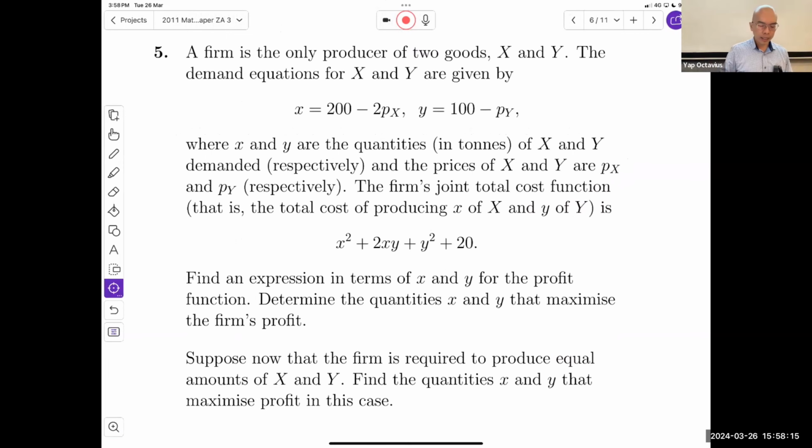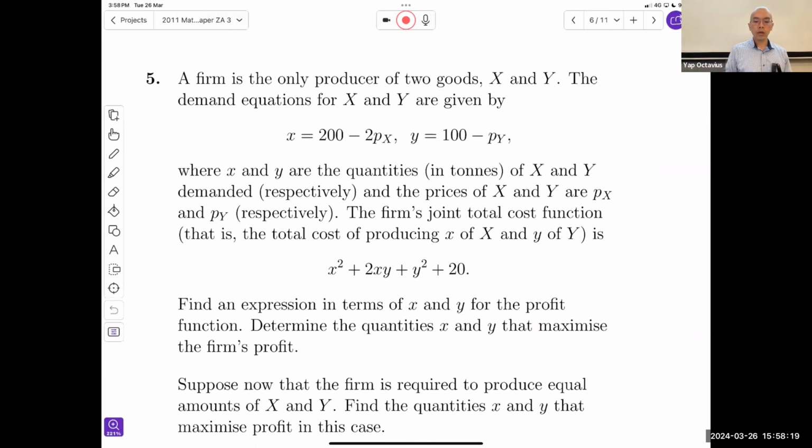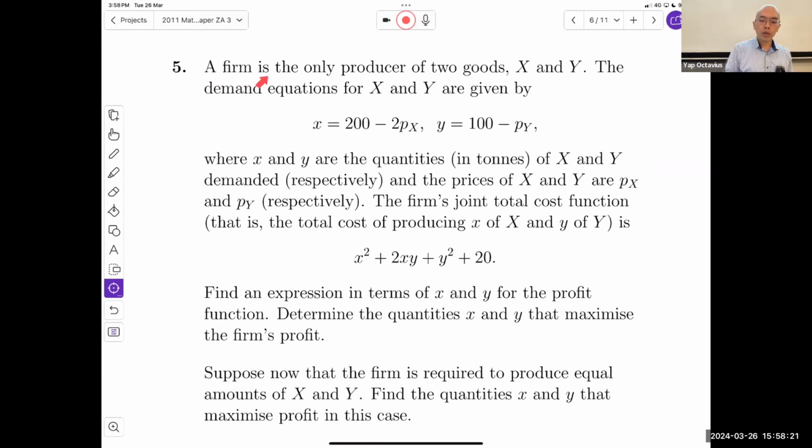So this is the other time that you see this type of question. If you read through the question, you'll know that this is a question where you have to determine maximum profit. The idea of profit doesn't change, whether it's 1 variable or 2 variable. The idea of profit is still total revenue minus total cost.